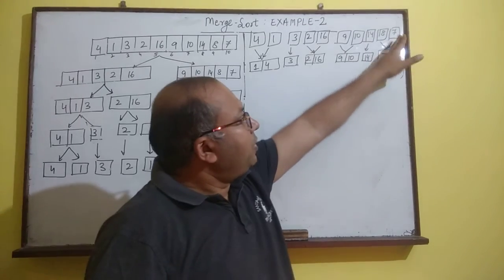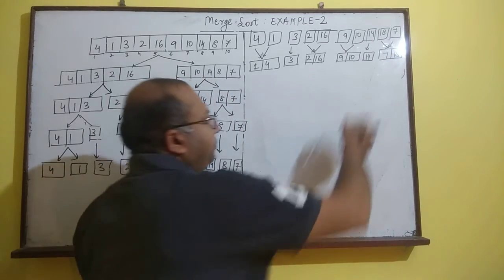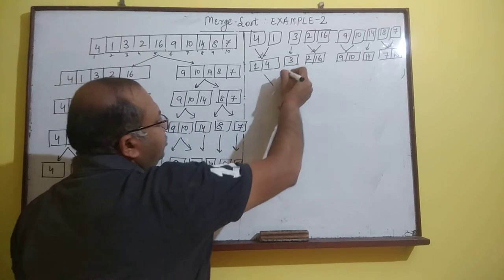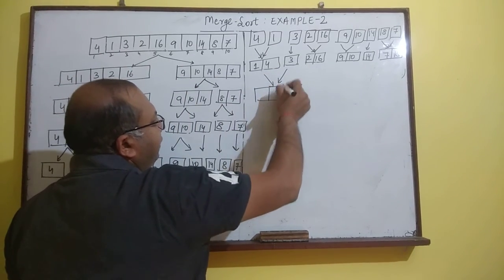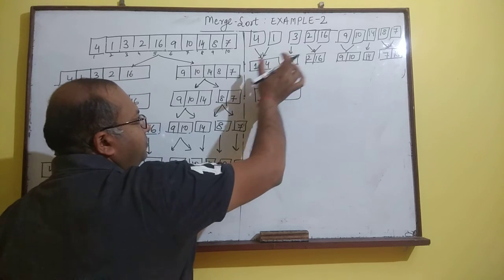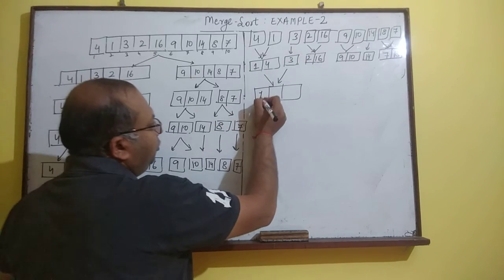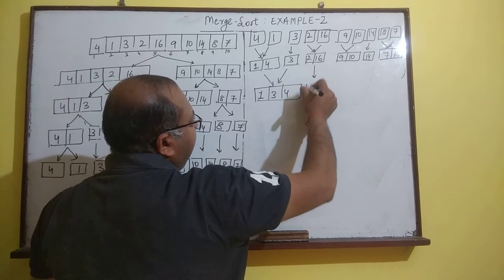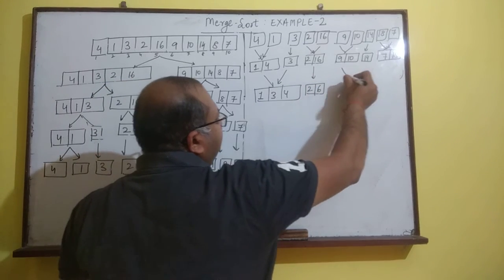When these two elements are combining, remember that we should maintain the order. Now these two arrays will combine further to make the resultant array: 1 4 in the first part and the second part having 3 as an element. So what will be the output? 1 3 4. This will remain unchanged because you cannot merge it right now with any other element.